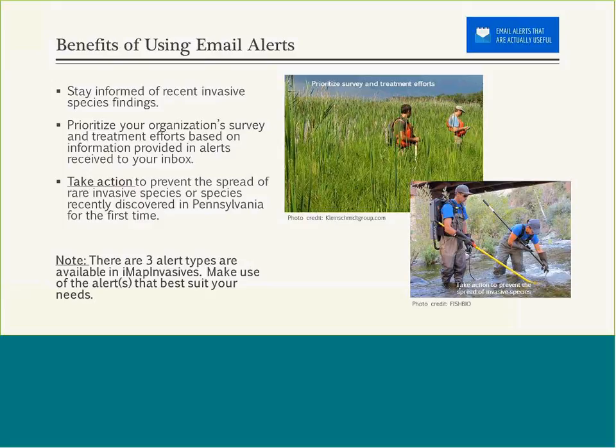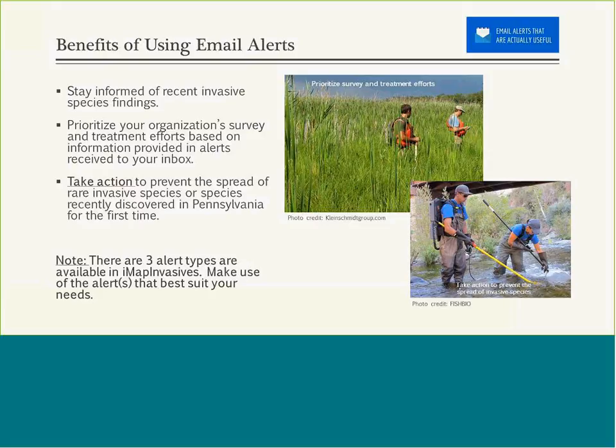And ultimately, we really want you to use that information to take action and to hopefully prevent the spread of potentially rare invasive species that aren't found very much in Pennsylvania, or even brand new ones that just got reported, because we want to hopefully eliminate them as soon as possible before they have the chance to spread.